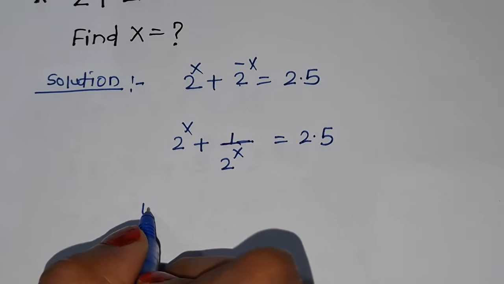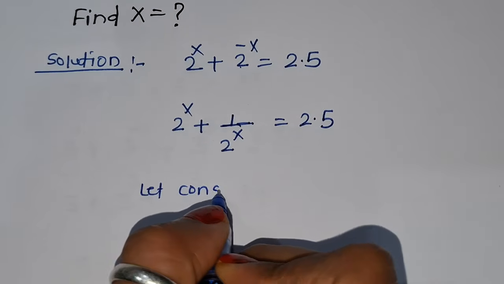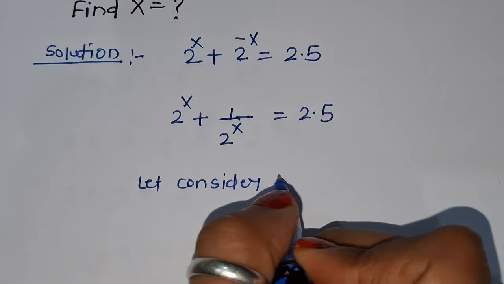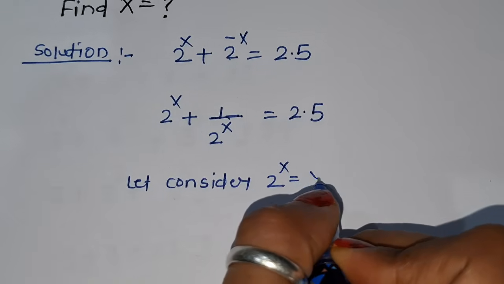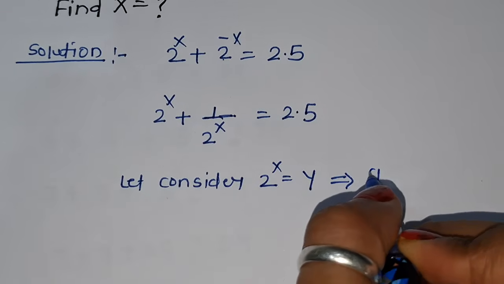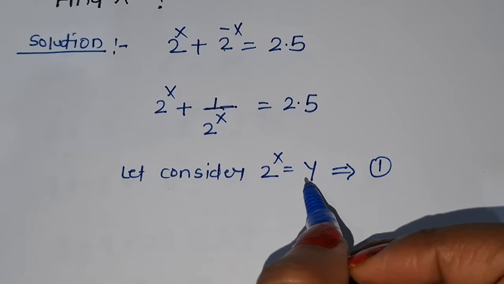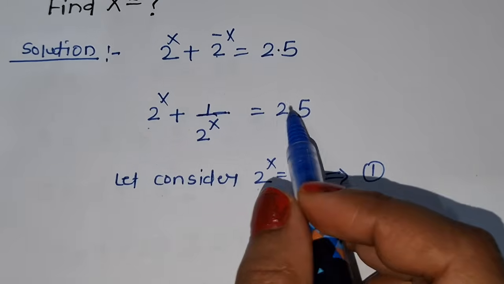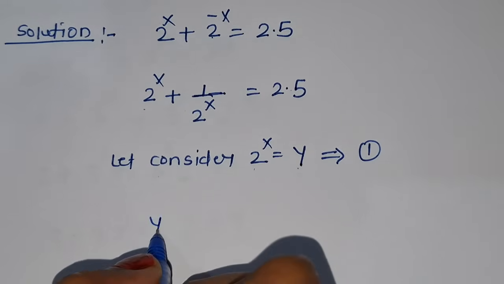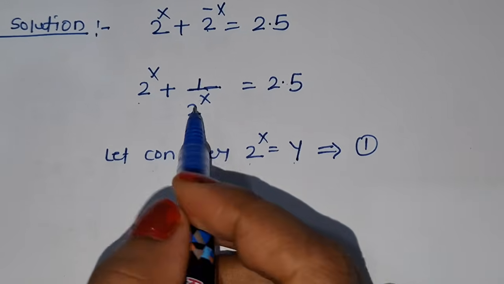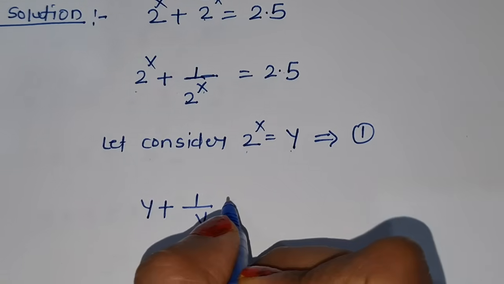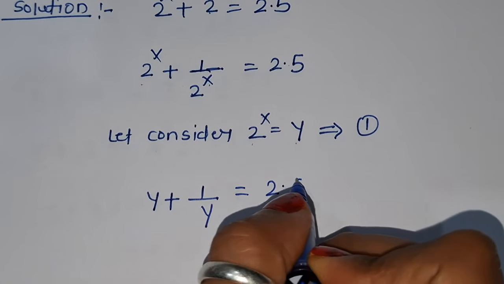Now let's consider 2 power x is equal to y. This is equation number 1. Now we have to substitute 2 power x is equal to y in this equation.